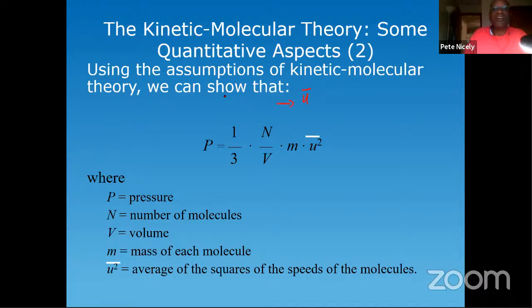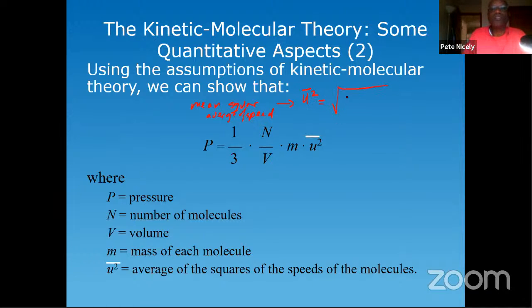This means the mean square average of the speeds of the molecules. All right. So the way this is calculated is as follows.